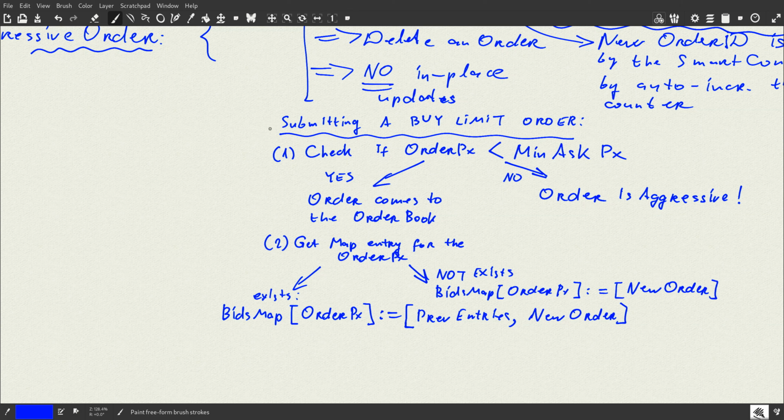Before that, before you check the price, you validate the order fields. For example, if you maintain a non-trivial price step, then order price must be proportional to a whole number of price steps.